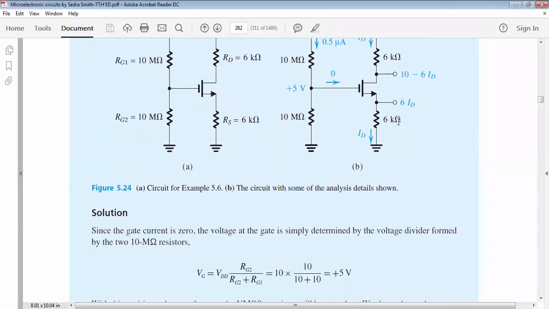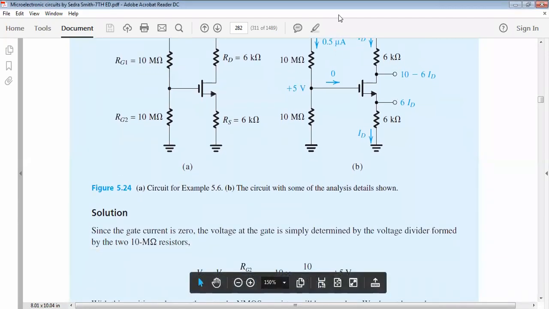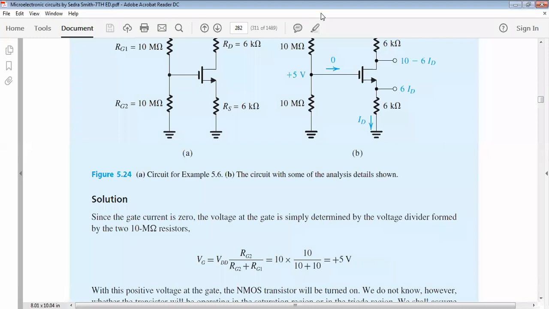Directly, we know that VG, the gate voltage, is equal to VDD into RG2 by RG2 plus RG1, that is equal to 10 into 10 by 10 plus 10, that is equal to 5 volt. Simply by applying the voltage divider rule or Thevenin voltage, VG is equal to 5 volts.